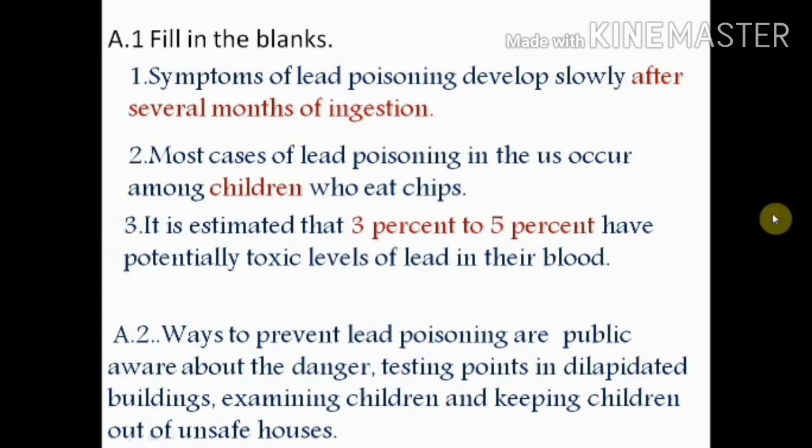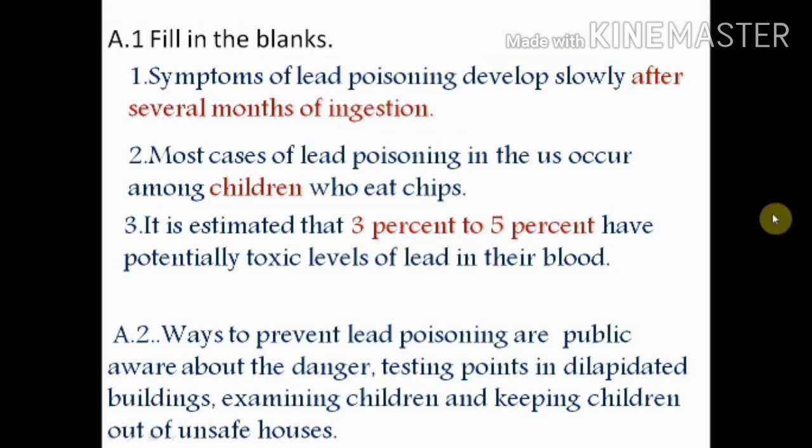Here we are ready with all the answers. Activity A1, fill in the blanks activity. 4 statements. We have completed 3 statements. First statement: symptoms of lead poisoning develop slowly after several months of ingestion. The red words are answers.